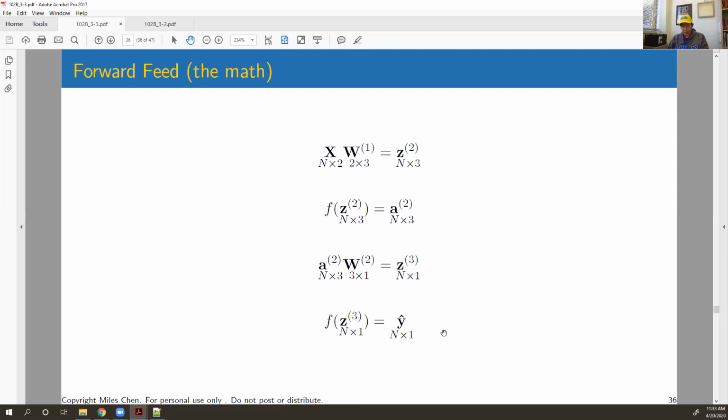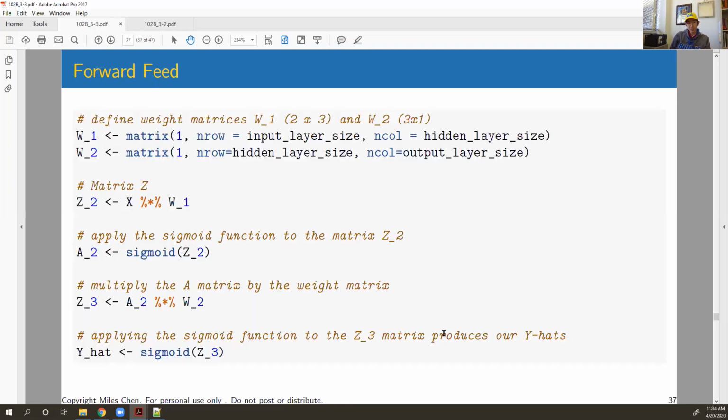Okay, so when I code this up, it looks exactly that way. I define my matrices W1 and W2. Input layer by hidden layer is W1. W2 is hidden layer by output layer. So W1 is 2 by 3 and W2 is 3 by 1. And this is just forward feed.